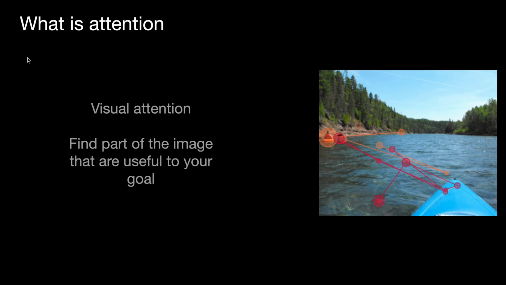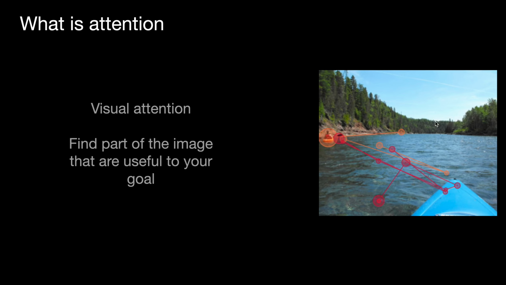For example, in visual attention, let's say that I'm on a boat in a river and I need to look where to go or where to stop my boat. So I'm going to look at other things in the scene, for example, other people or areas where I could stop.